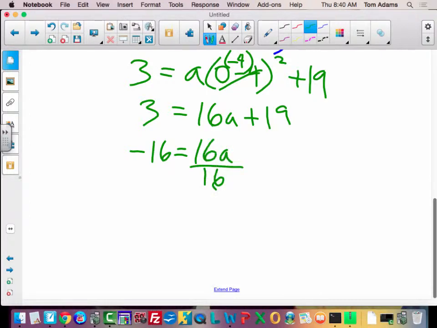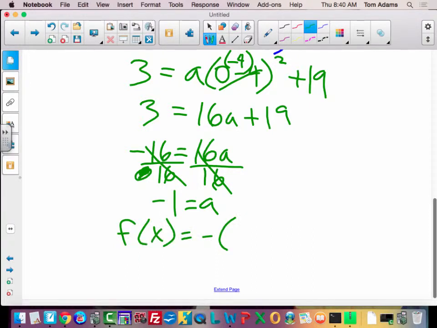Divide both sides by 16. These cancel, and I get -1 is a. Now I can say with confidence that f of x is equal to -(x minus 4) squared plus 19.